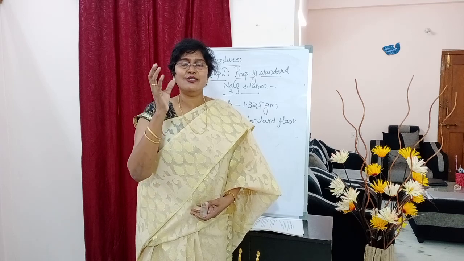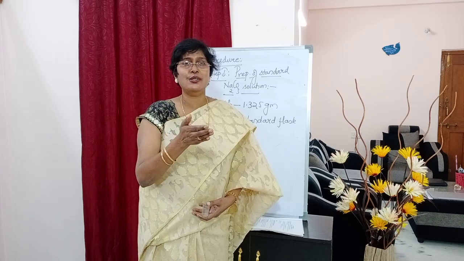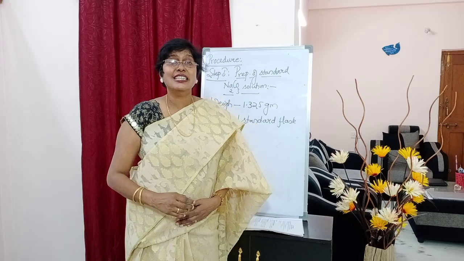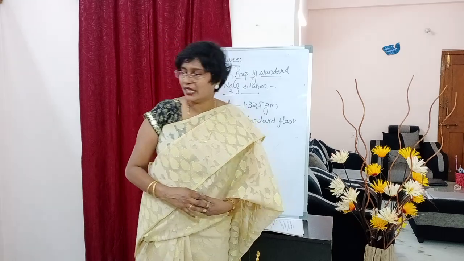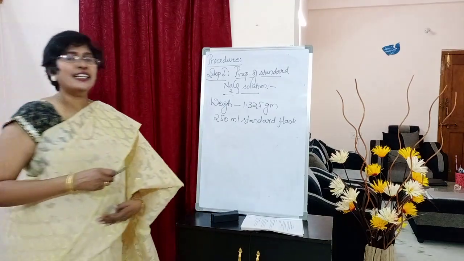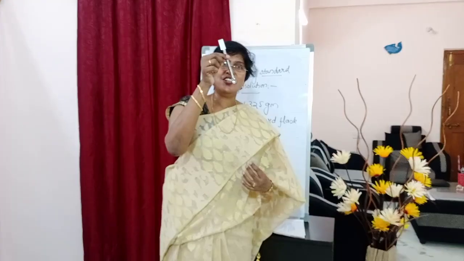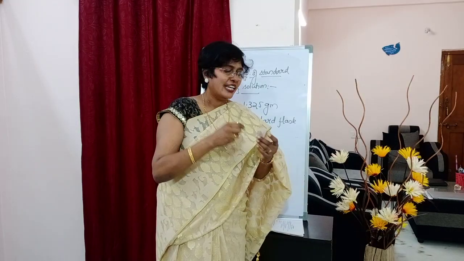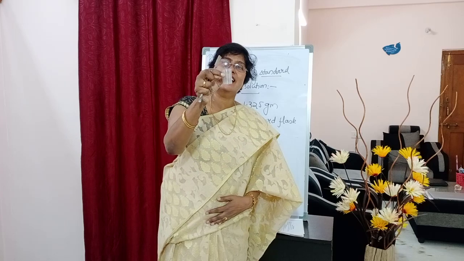Okay, so Na2CO3 will be given to you. There will be an electronic balance and the substance from the bottle should be taken using the spatula. Can you see? This is called a spatula, into the weighing bottle. This is called a weighing bottle.